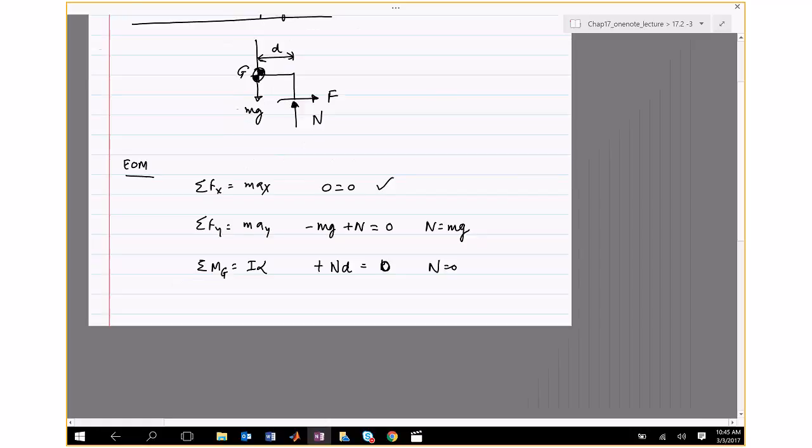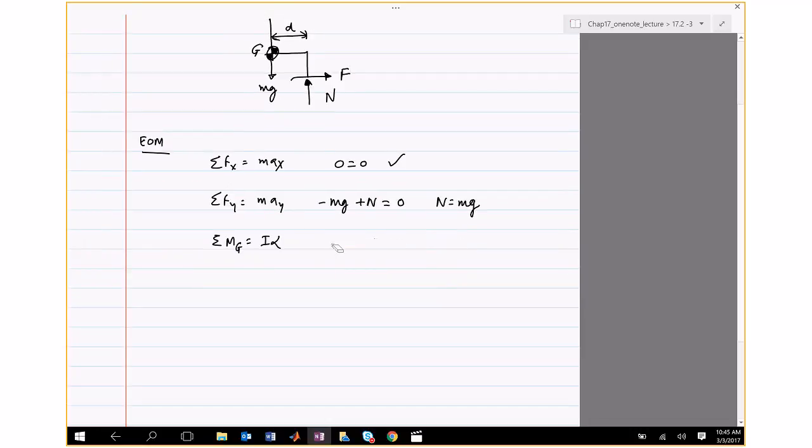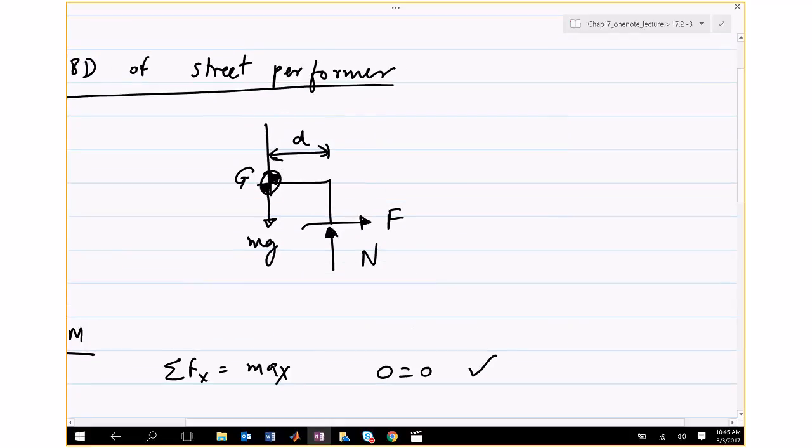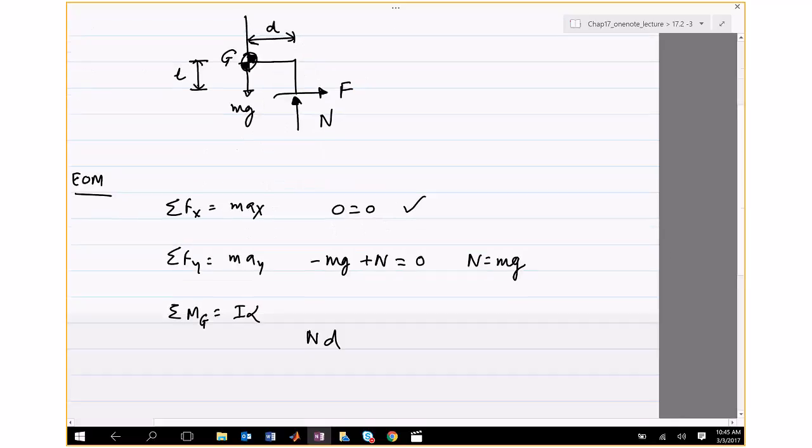If this force exists, then this equation changes. It becomes N times d, this is, let's say, L. N times d is positive, minus F times L equal to 0, which means that F is N d divided by L, or mg d divided by L. So this F acts in this direction. Okay, so now it's consistent.